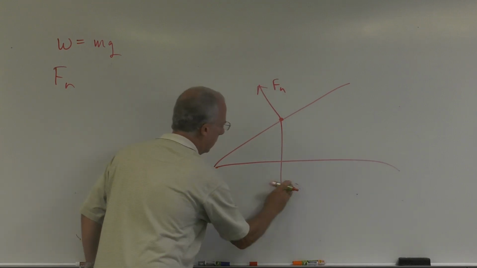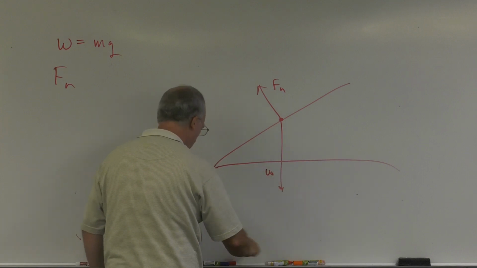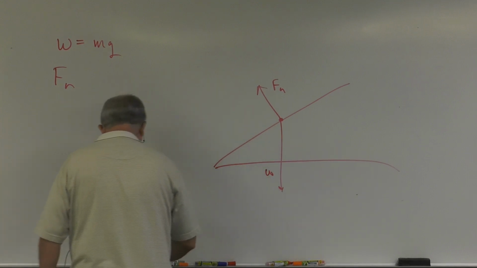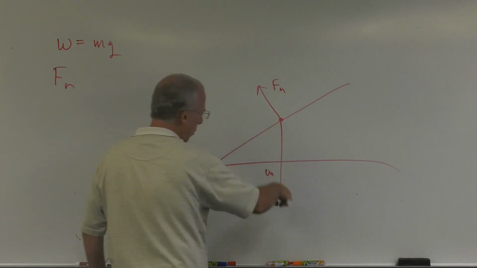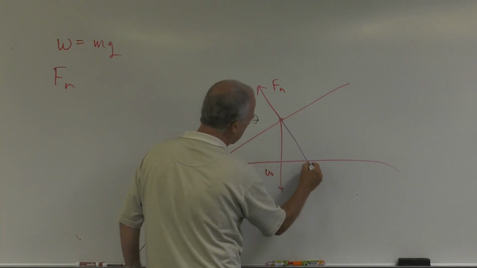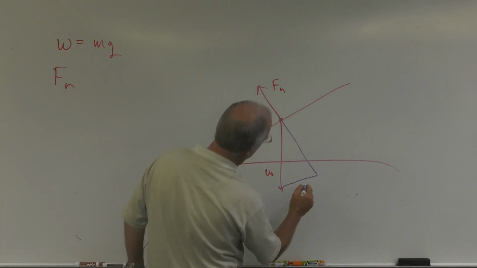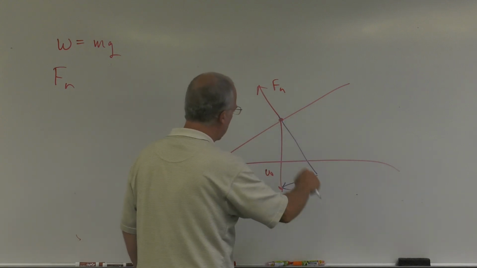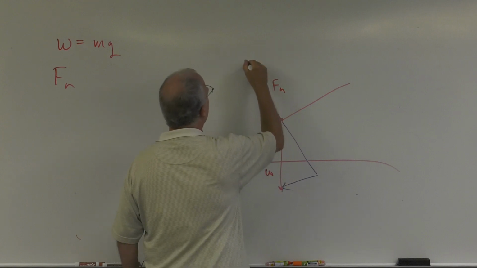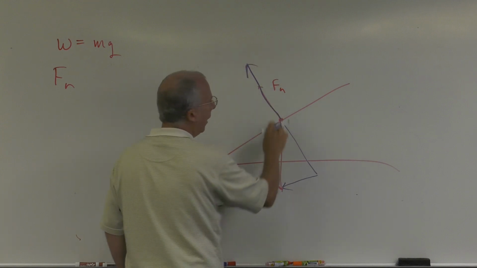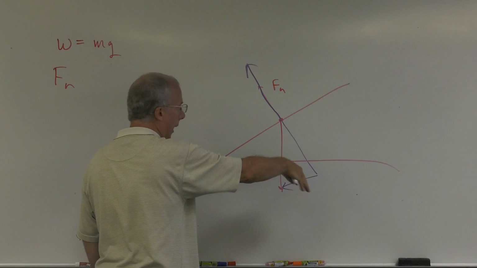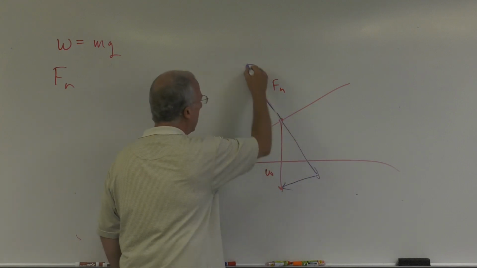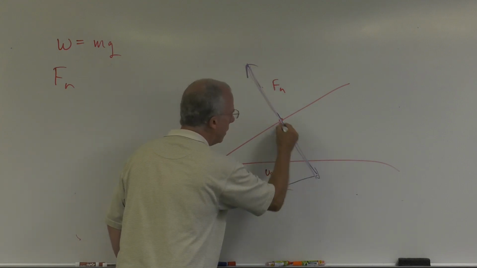So what you can do to see this easily is resolve this weight vector into a piece like that and a piece like that. This is a horrible diagram, it's totally wrong, I don't care. There's no acceleration this way, so this piece has to have the same magnitude as this piece.